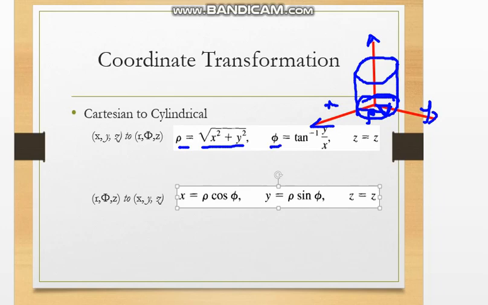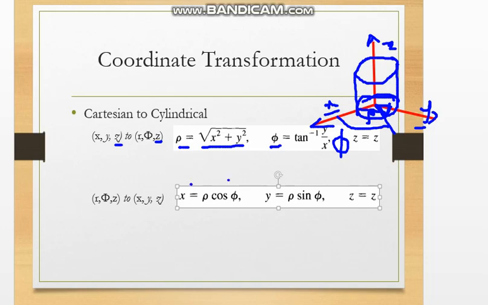Phi is between the r and x, so that will be tan inverse y by x. Okay, and z is equal to z. In both coordinate systems, z is common.